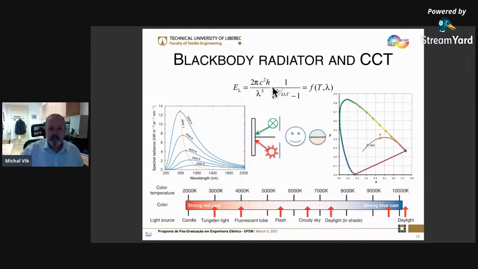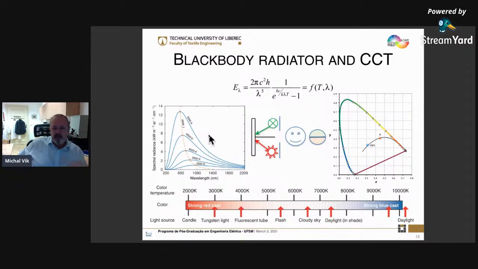Here you can see a simple Planckian equation, which is possible to use for description of a black body radiator. And here you can see that increasing the temperature of a black body radiator causes a shift of the emission maximum to the shortest wavelengths.